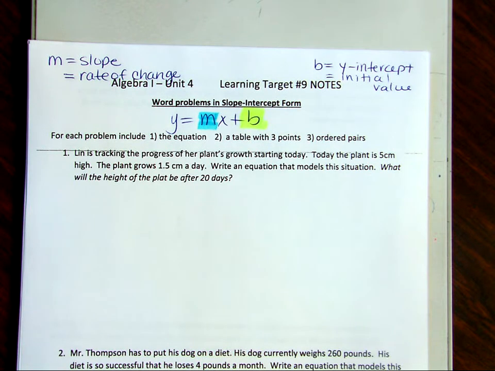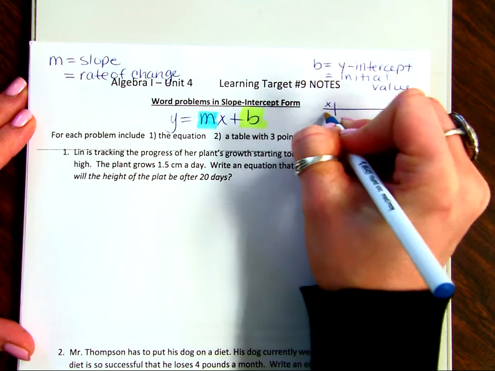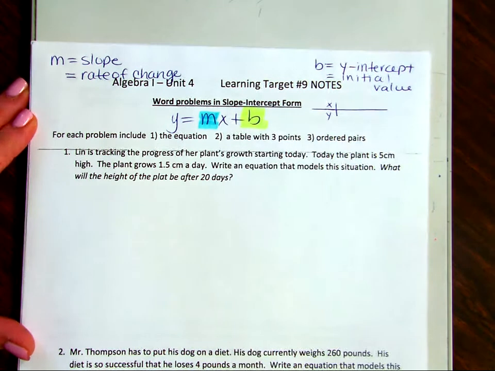So if I were to talk about joining Planet Fitness, it's a $30 registration fee and then $10 a month. When you hear something like that, by now you should just be thinking, oh, okay, so x, y. And this is something we're going to do today also.